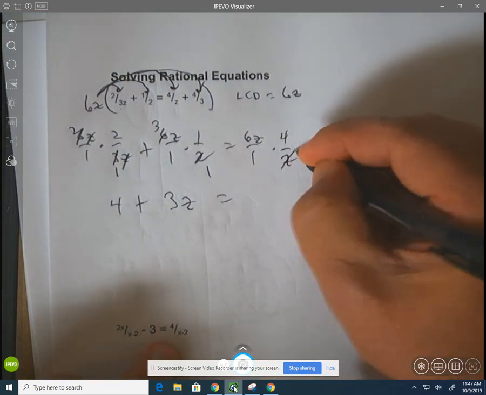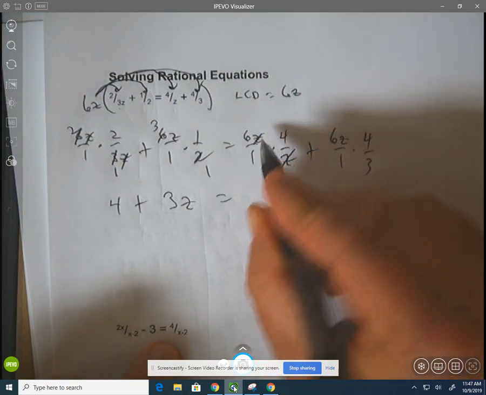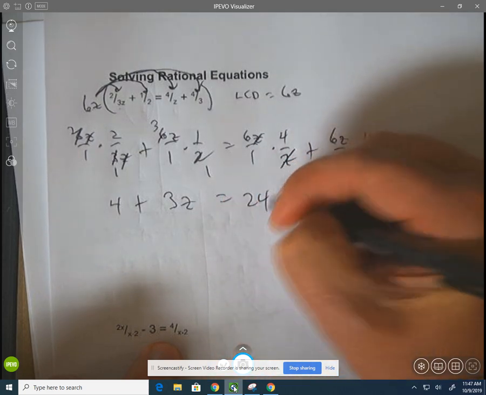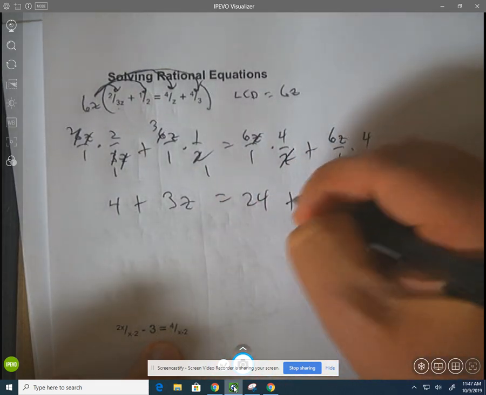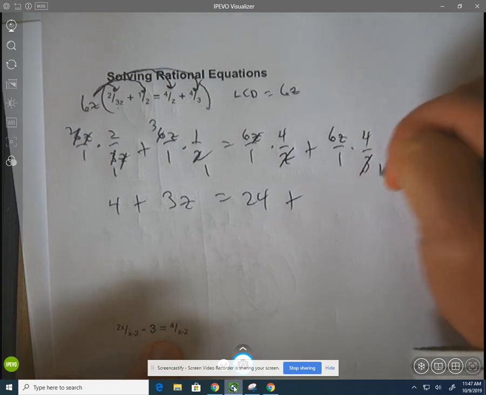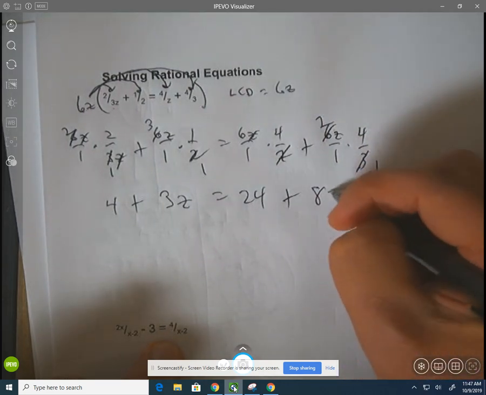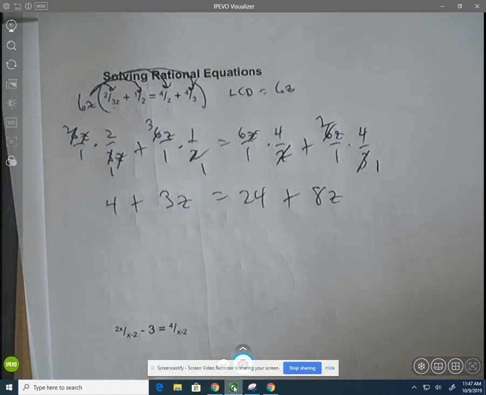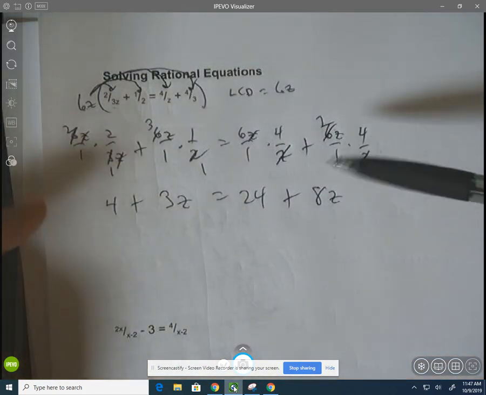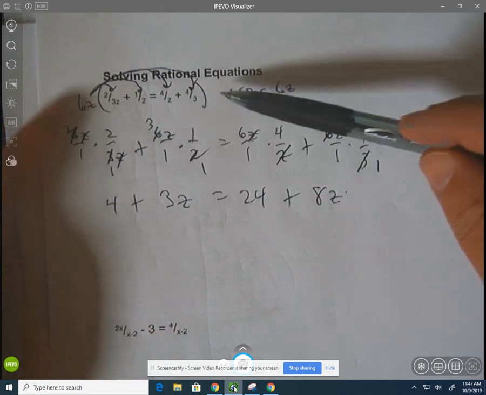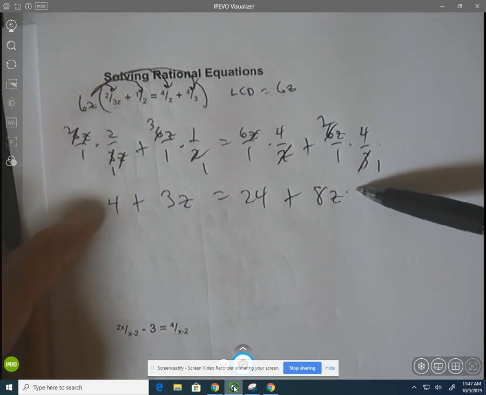Equals, my z's cancel out, and all I'm left with is 6 times 4. That's 24. Plus, and 3 and 6 are both divisible by 3. So 2z times 4, I get 8z. And what I have now, again, is an equation equivalent to this one, which is equivalent to this one, but a heck of a lot easier to solve.